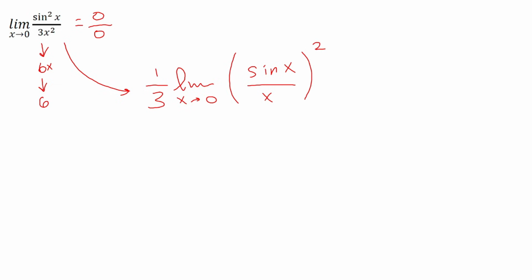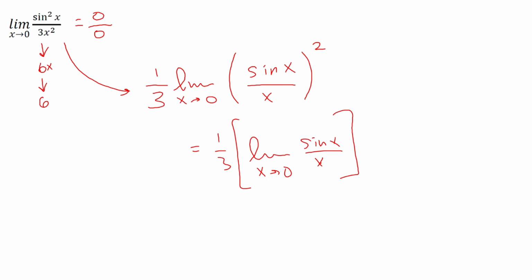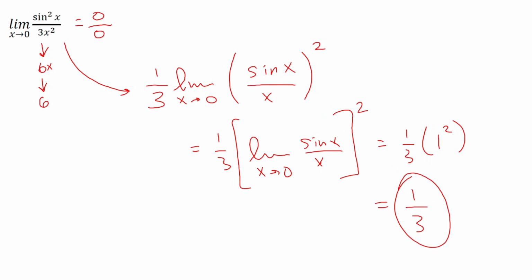So really all we end up with here is just 1/3 of the limit as x approaches 0 of sine of x over x, because once the whole fraction is being raised to the second power, you can pull it outside the whole limit. And we just get 1/3 of 1 squared, because we know that the limit as x approaches 0 of sine x over x is 1. Well, 1/3 times 1 squared is just 1/3.